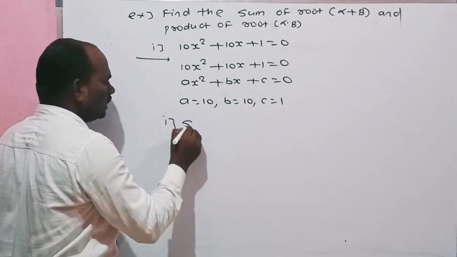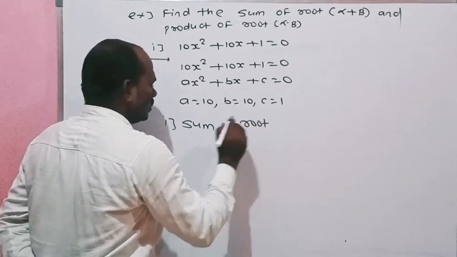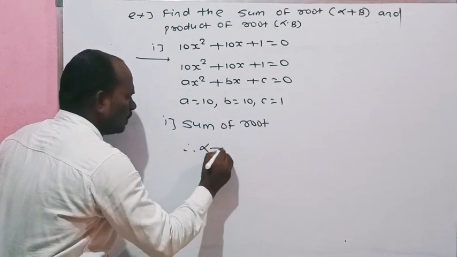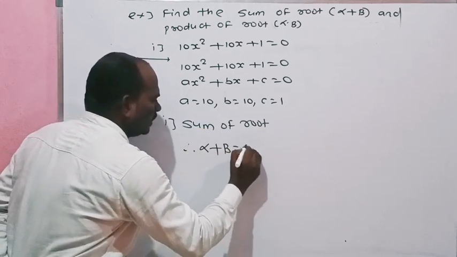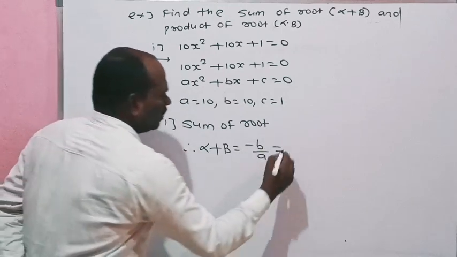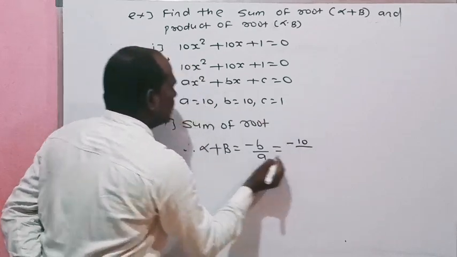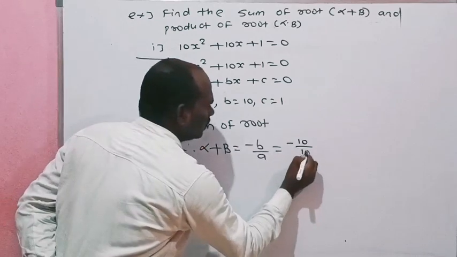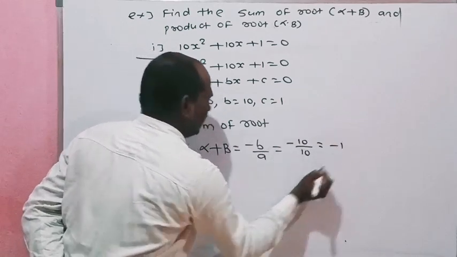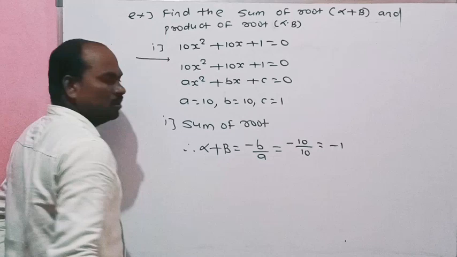First, the sum of roots. Therefore alpha plus beta equal to minus b by a. Therefore minus, as it is, the value of b is 10 and the value of a is 10. Now 10 ones are 10. That is, the sum of roots alpha plus beta equal to minus 1.